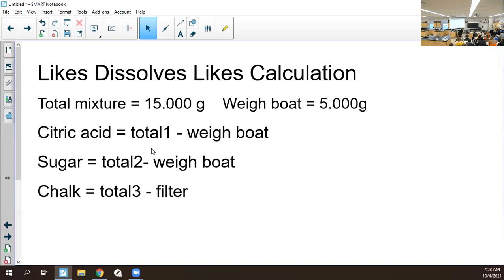No, it should be like 8. It should be 8. Thank you. I'm going backwards here. So the filter should have been this one. You don't need a 5 there. Okay, so 8 grams it should be the first line on the top right. It goes with the mass of evaporated citric acid and weigh boat.